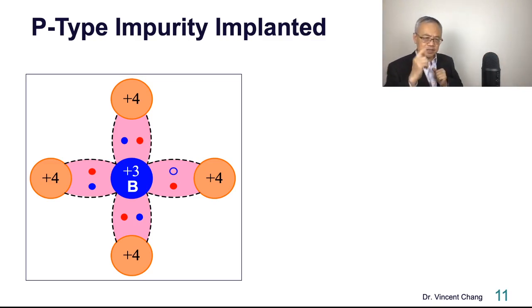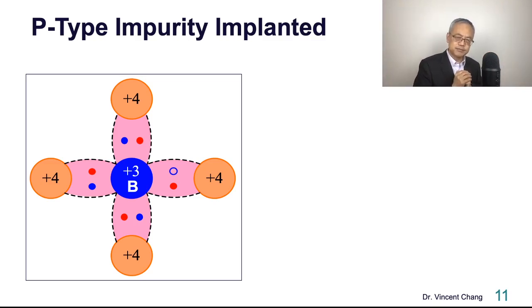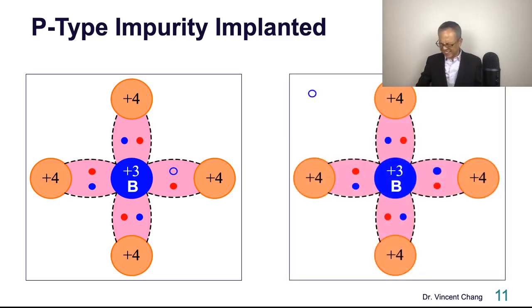Now it's 7, which means there's a strong desire to get one more electron from anywhere within the material. So this boron donates a spot, an empty seat, but it has a strong desire to get one more.